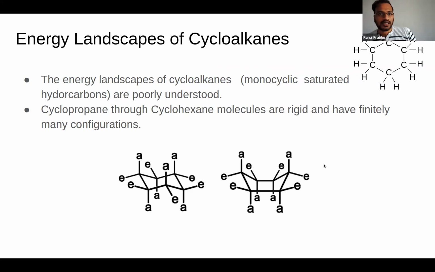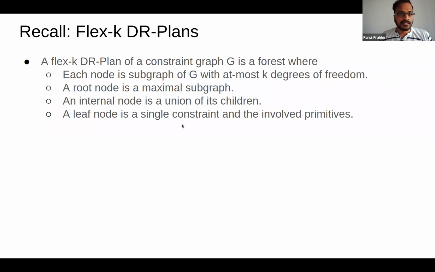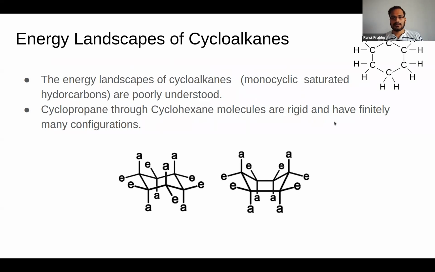Okay, so we use this idea of flex DR plan in elucidating the configuration space of these cycloalkanes. Cycloalkanes are hydrocarbons where the carbons form a single ring, and then they're attached to hydrogen atoms.